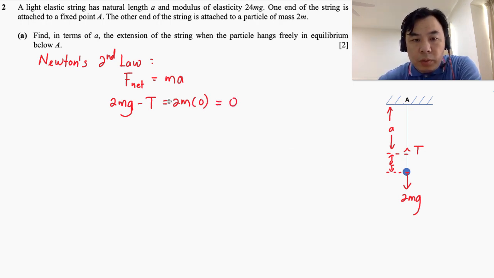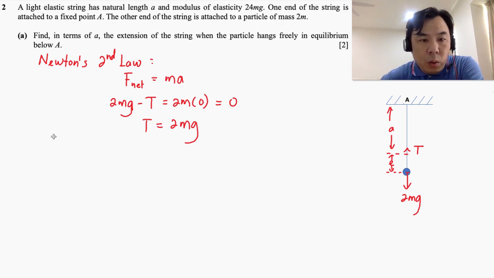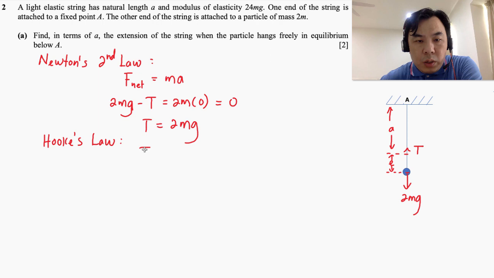If we simplify this, we find that tension is actually equal to 2 mg. And then by using Hooke's law, we know that tension is given by the modulus of elasticity divided by its natural length and then multiplied by its extension.